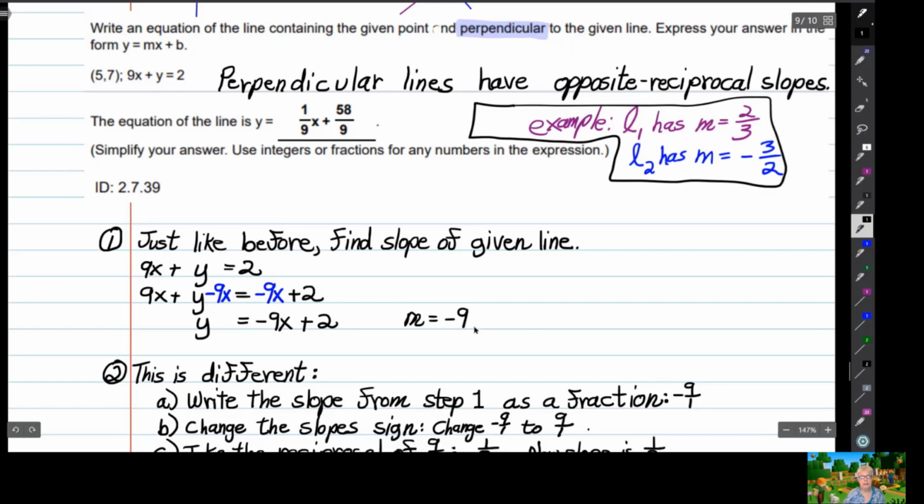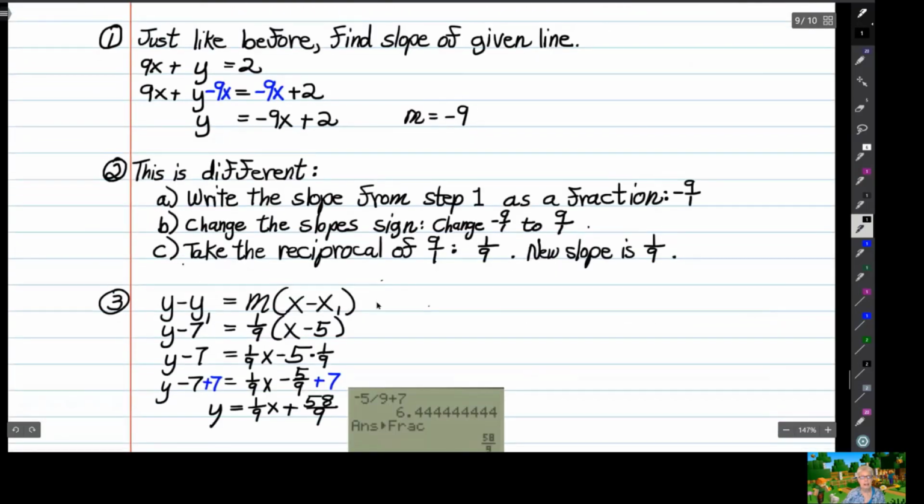Here, the slope of the given line is -9. Now step 2 is different. It has an A, B, and C part. Step 2A, write the slope from step 1 as a fraction. Usually slopes are fractions. Sometimes they're not. -9 is an integer, but you can always write it as a fraction: -9/1.